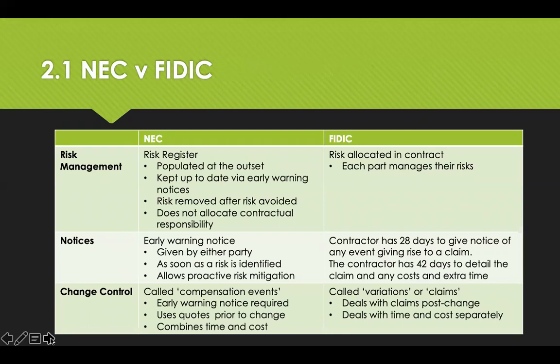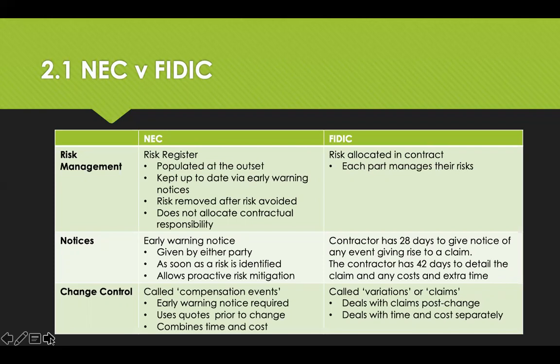In terms of the notices, the NEC requires early warning notices that are given by either party as soon as the risk is identified, which allows for proactive risk mitigation. Where FIDIC says the contractor has 28 days to give notice in any event giving rise to a claim, and the contractor has 42 days to detail the claim and any costs and extra time.